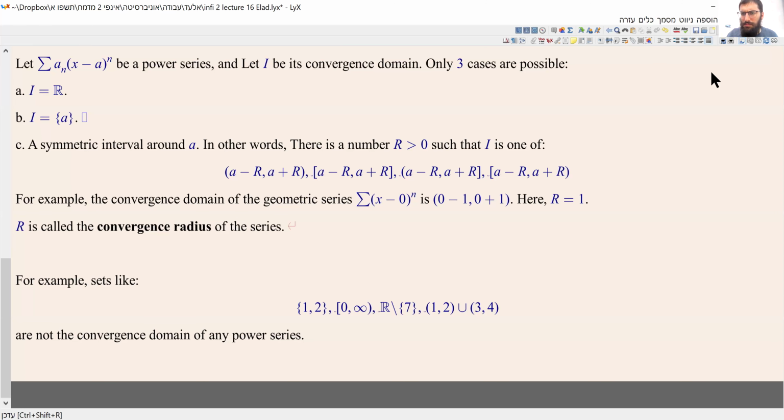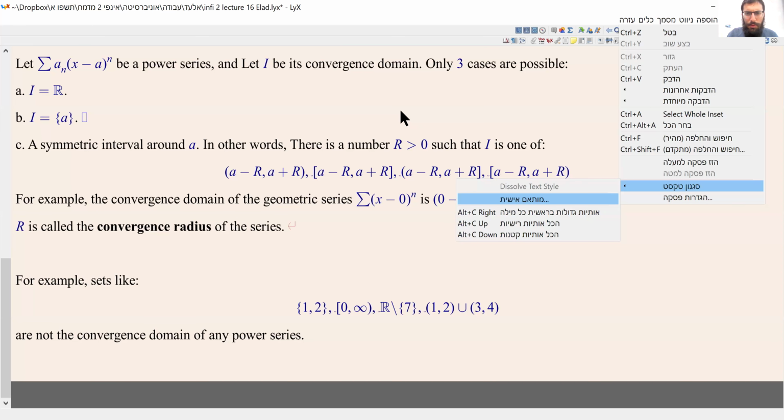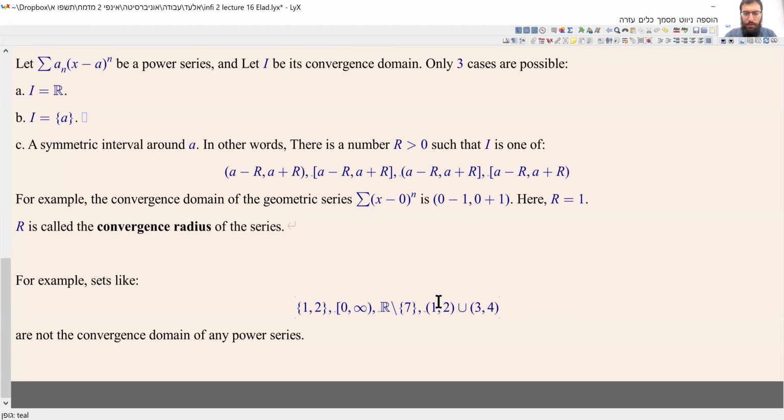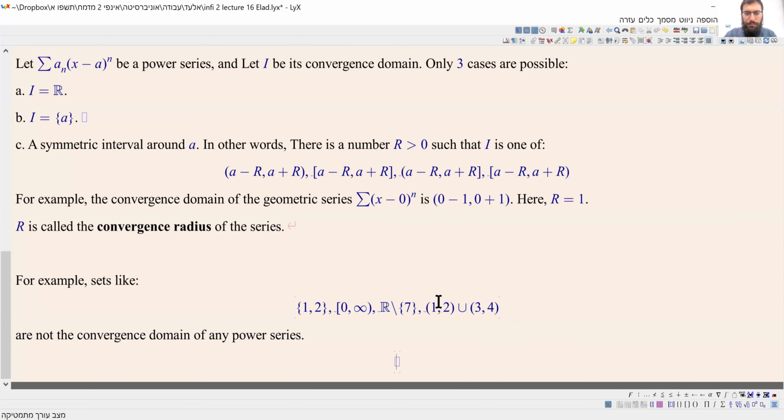And from another approach, if we look at some simple function series that is not a power series, let's say we look at the sum n goes from 0 to infinity of sin x to the power of n.